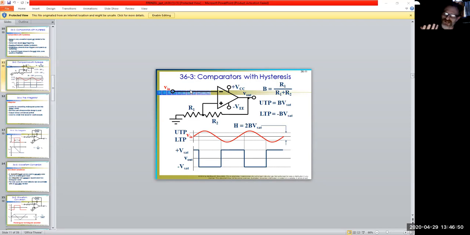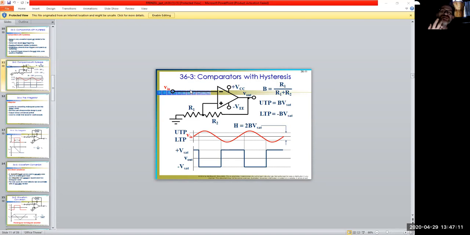In our linear responses, our op-amp models very typically have the feedback resistor tied in on the inverting side, controlling it that way. But if we flip to the non-inverting side, we start to go into what they call nonlinear applications.